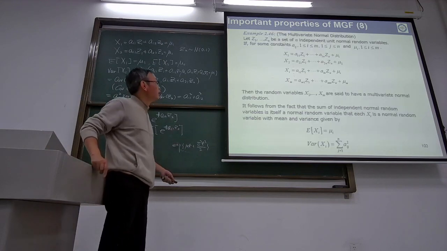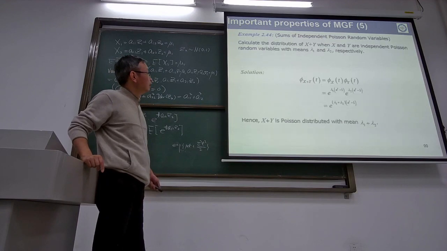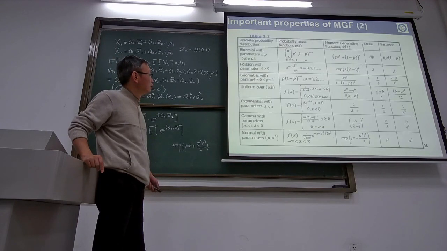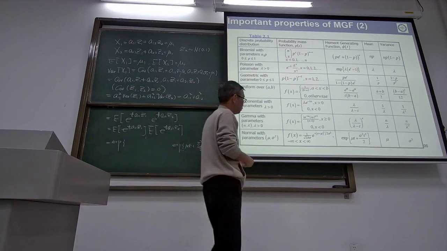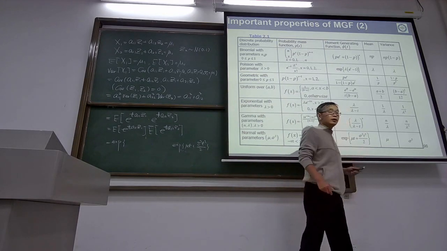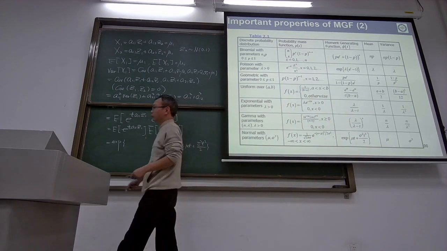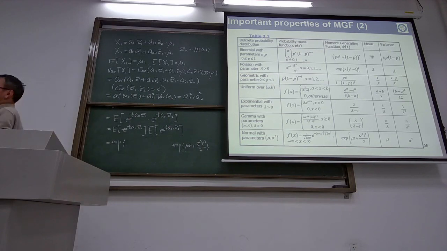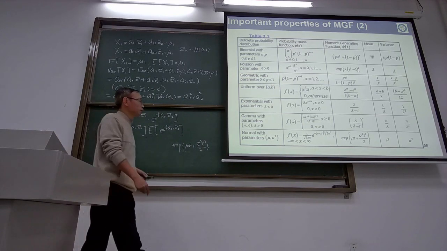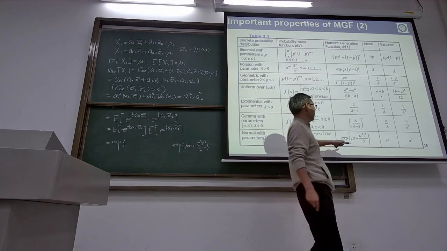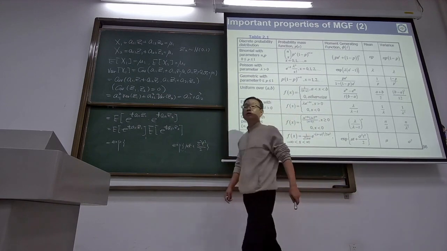Let's review that. For a general normal distribution with two parameters mu and sigma squared, this is the moment generating function.